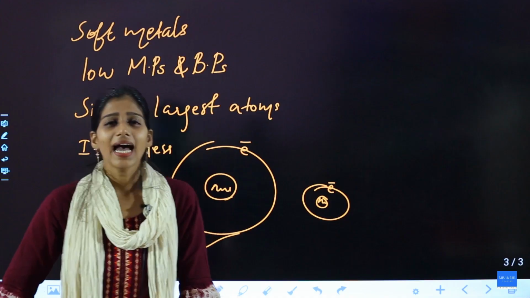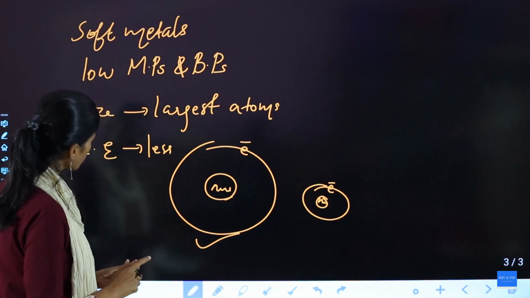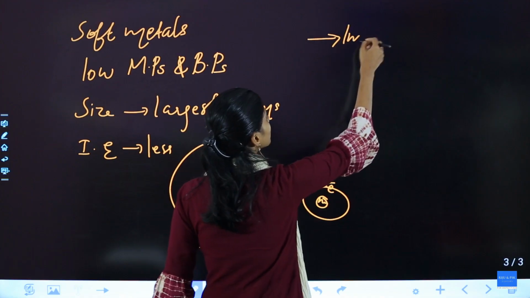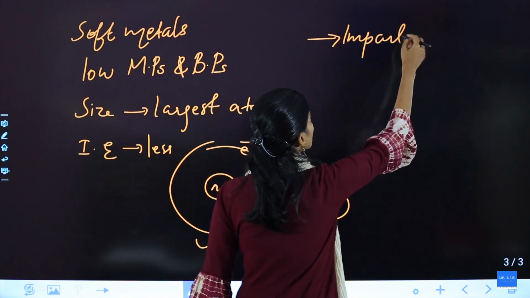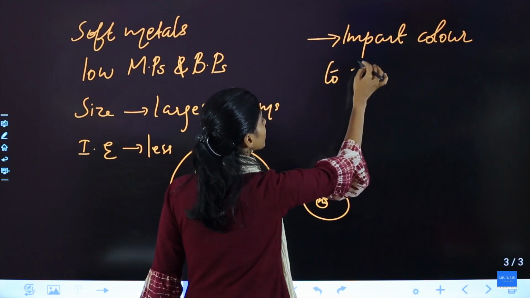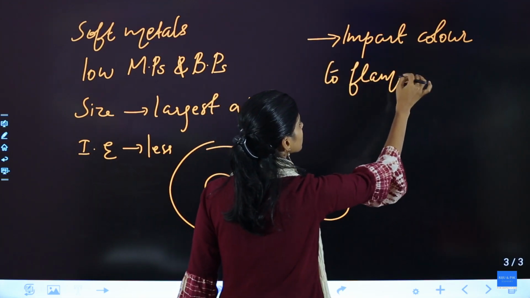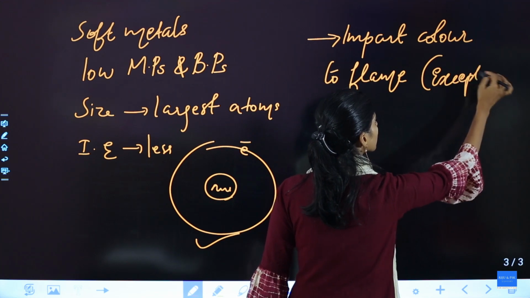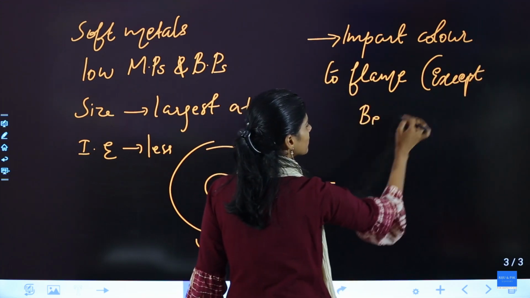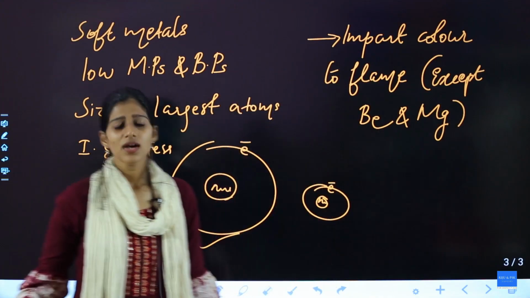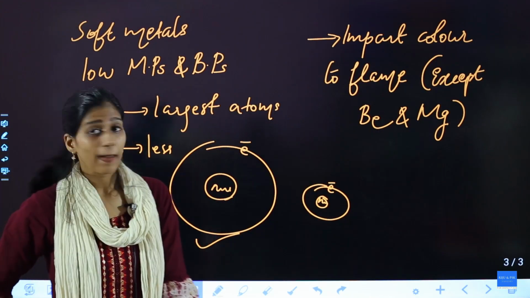Okay? And there are even more characteristics. They can always impart color to flame, except beryllium and magnesium. What do you mean by color to flame?